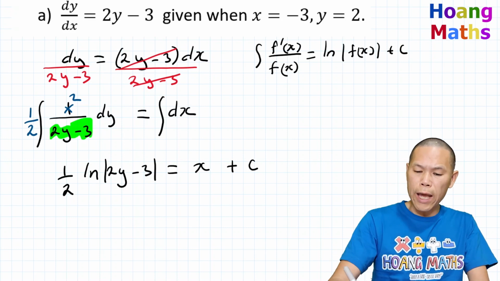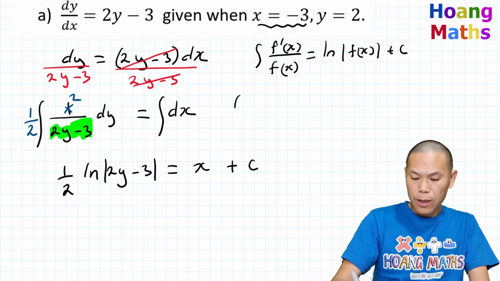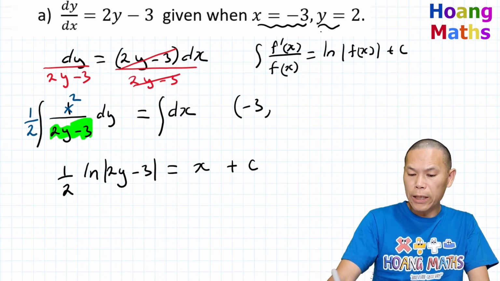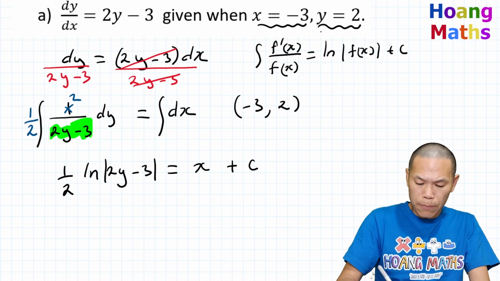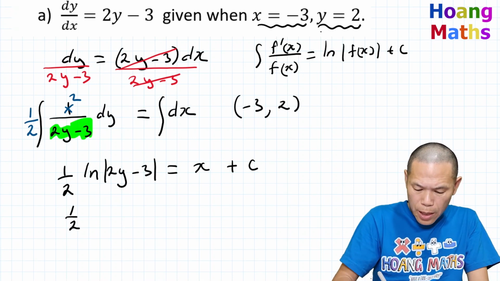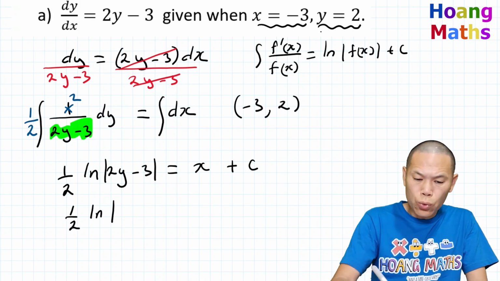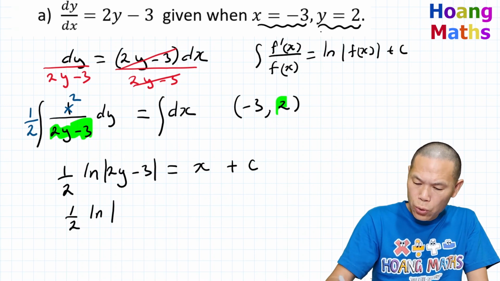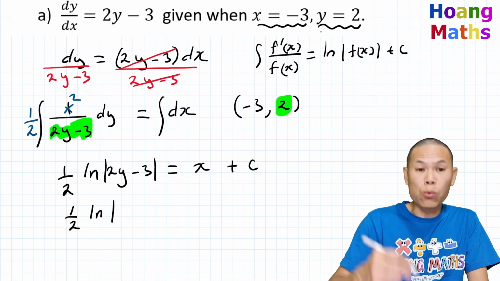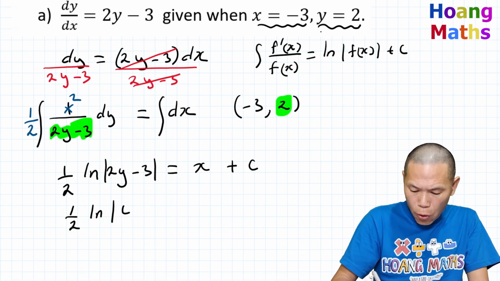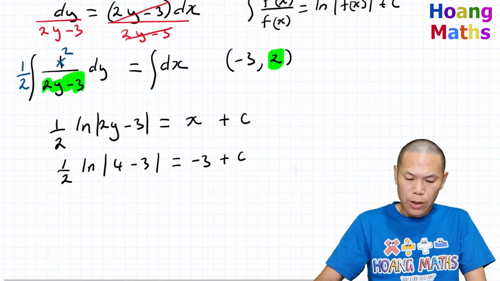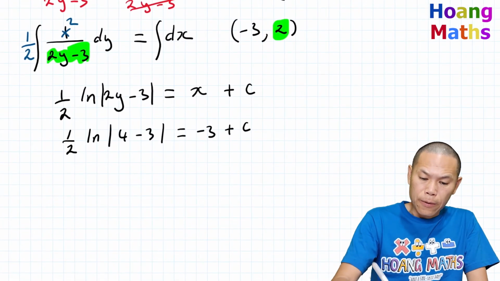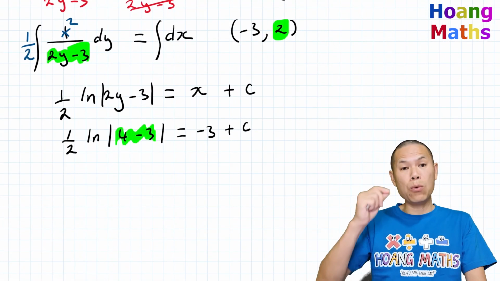So we know that when x is negative 3, y is 2. Let's substitute that in. A half ln of 2 times 2, which is 4 because y is 2, minus 3, equals x, which is negative 3, plus c. So 4 minus 3 gives me 1.